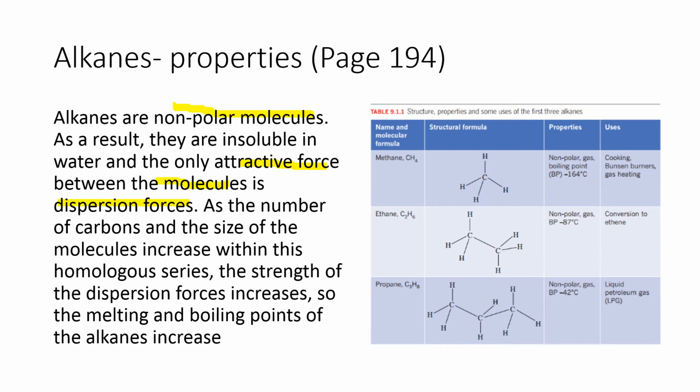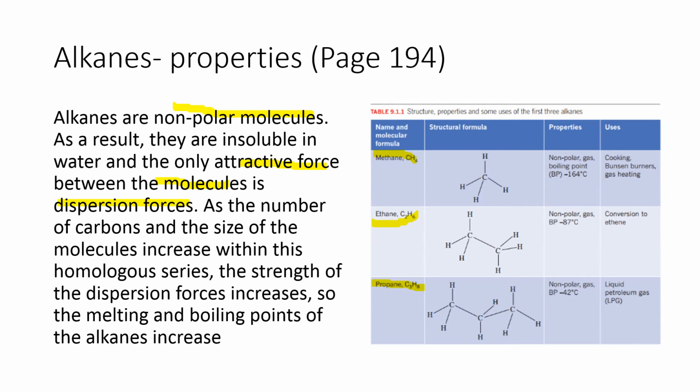If you look at this diagram on the right hand side of the slide, methane CH4, ethane C2H6, propane C3H8, they only consist of carbon and hydrogen. In a way, they are symmetrical. Methane is symmetrical, ethane is symmetrical, propane is symmetrical. Even though there is a difference in electronegativity between hydrogen and carbon, because they are all symmetrical structures, all of them are non-polar.